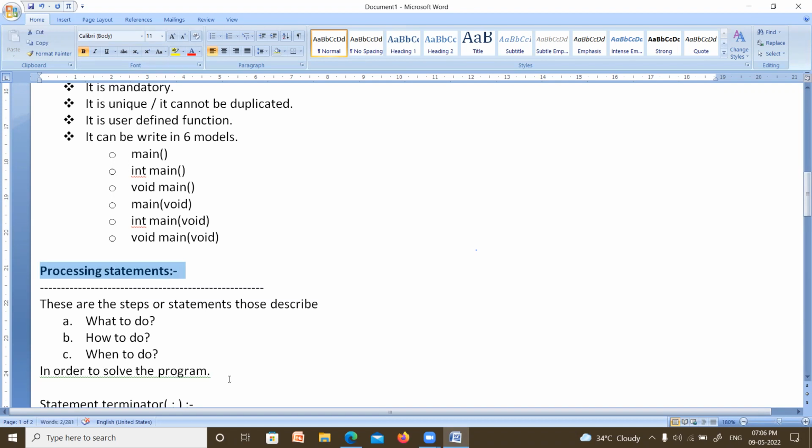Processing statements. Sai, note down this. Good, good.